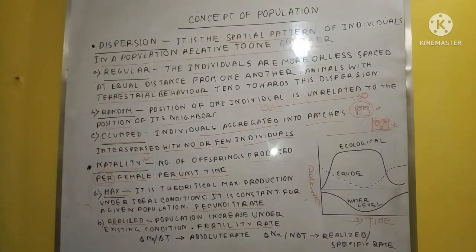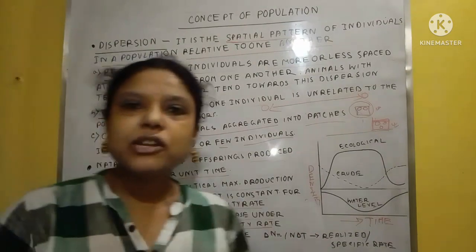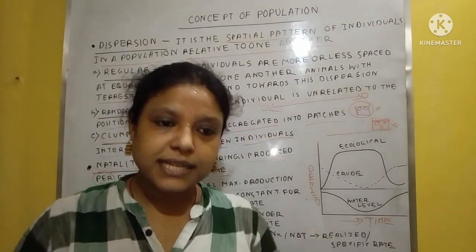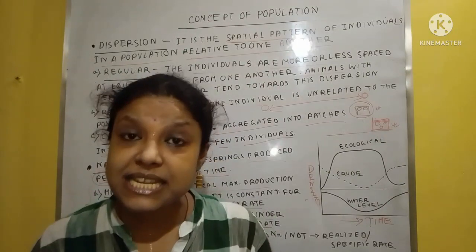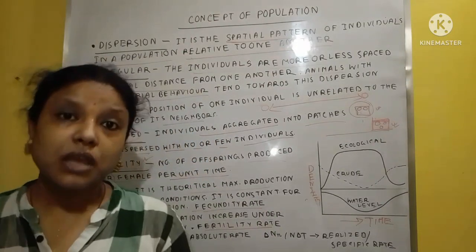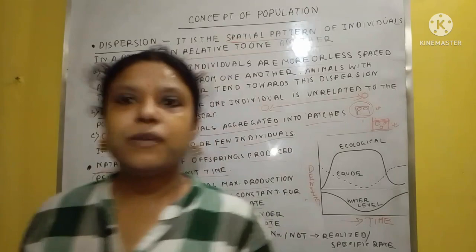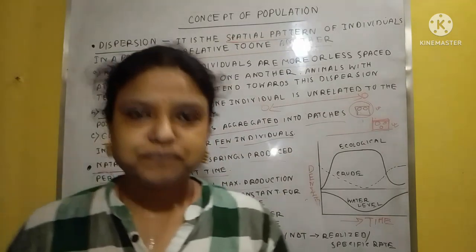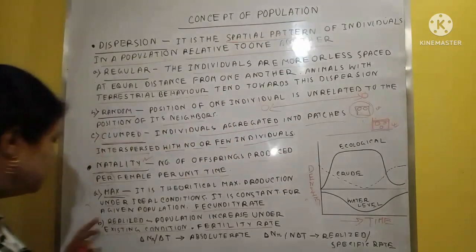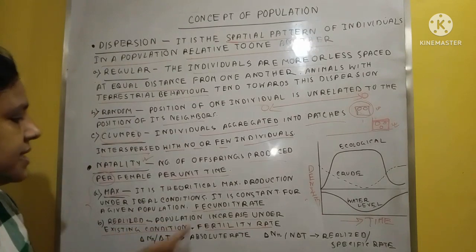So the population increase under the existing condition is totally dependent on the existing environmental condition, whether it is favorable or not. This is the realized natality, called the fertility rate.